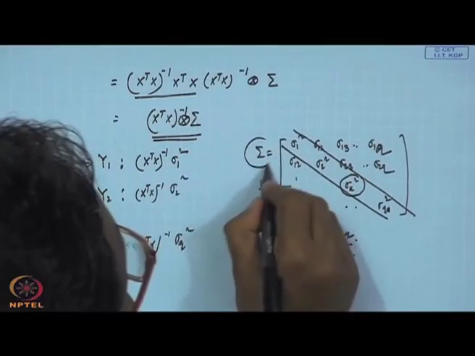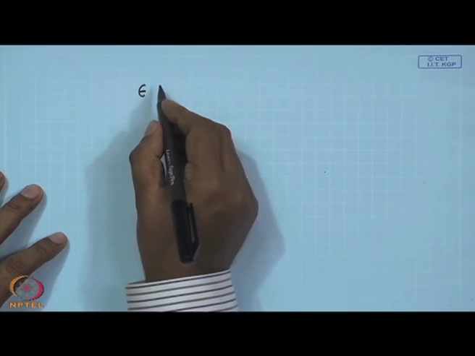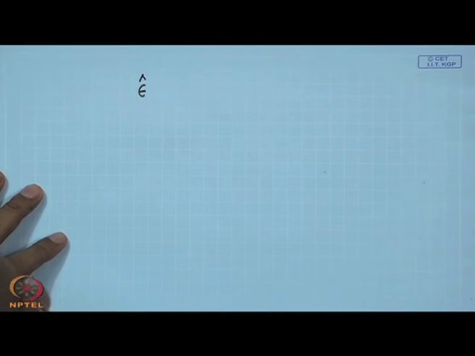Okay. But the question is that capital sigma is not known. So how do we understand what this sigma is? But you know this epsilon cap is known to you.